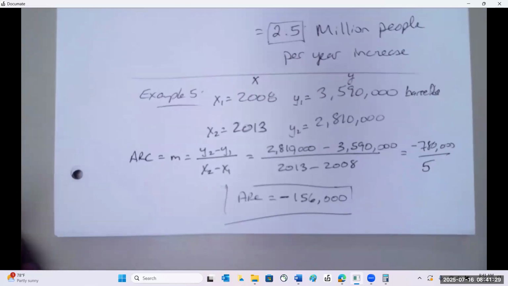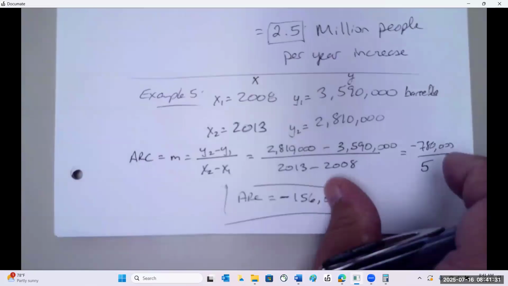So far, so good. I don't know why they put this next part here, because the next topic we're going to talk about has to do with slopes and the equations of lines.